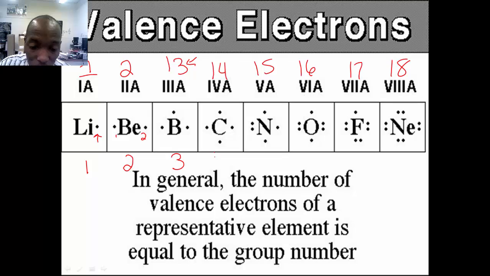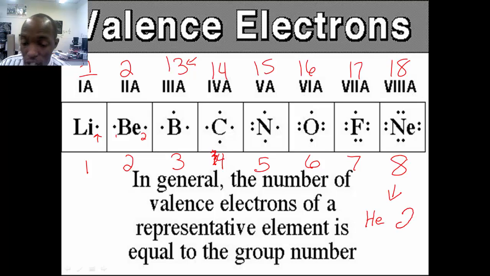All the elements in group 14 have 4, group 15 have 5, group 16 have 6, and group 17 have 7. All the elements in group 18 are complete, as they have 8, with the exception of helium, whose complete number, as we said before, is 2.